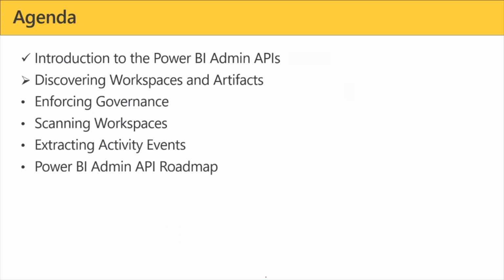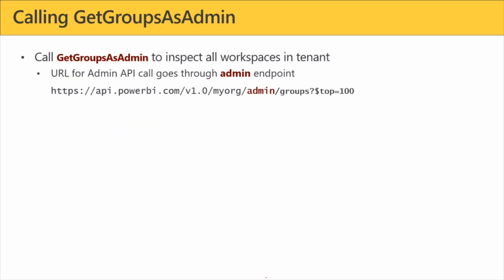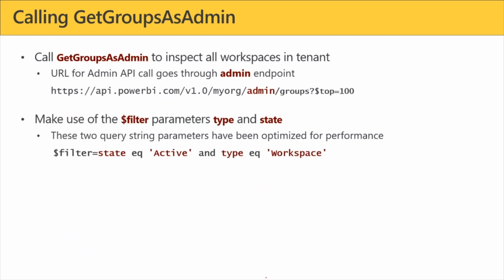Will do. Now, let's go ahead and start with what many of us want to do, and that is to discover what we have inside of our current Power BI tenant. So you can call GetGroupsAsAdmin. Now note that when you use the admin API, it goes through the admin endpoint. You can see that right in the URL.